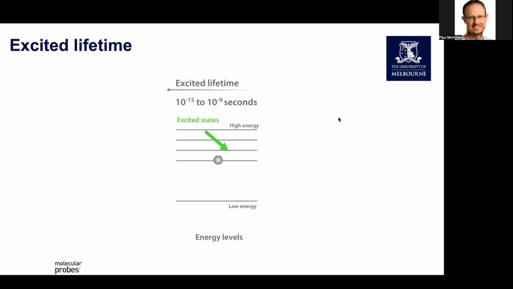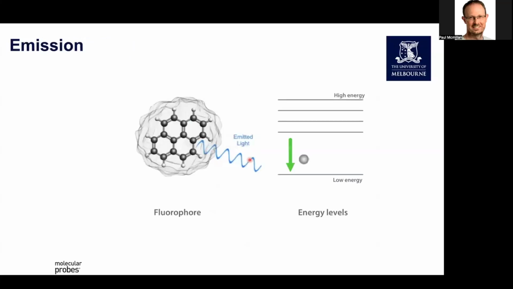It's what we call the excited lifetime. I'll talk over the next couple of webinars around fluorescence lifetime as well. So here electrons will come down, still in an excited state but at a minimal point, before then reducing back down to the ground state. This is the point at which we have emission of that energy back out again as a photon of light.